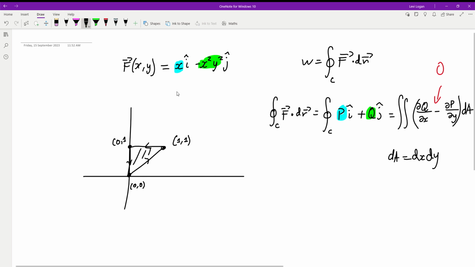So what we can do is find the partial derivative of Q with respect to x. We differentiate with respect to x.